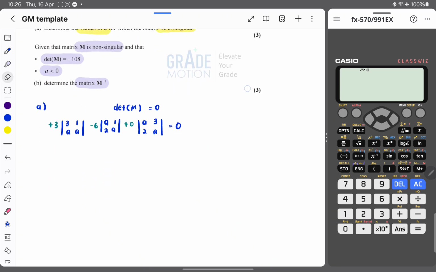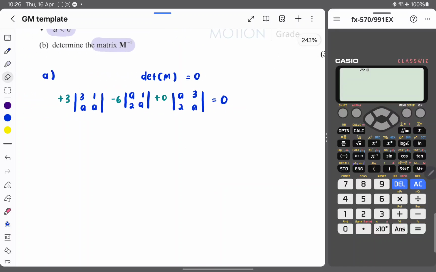Now that we have this, we can proceed with our computation. Here the coefficient would be 3, and then we'll compute our determinant. How do we compute the determinant for 2 by 2? We'll multiply this diagonal first, and then minus this diagonal. So it would be 3A minus A. Next, here it will be negative 6.